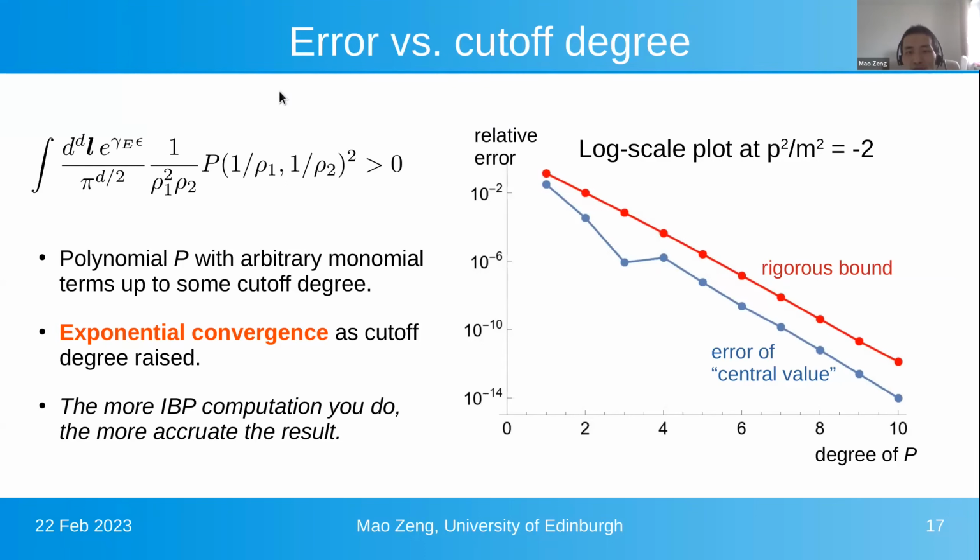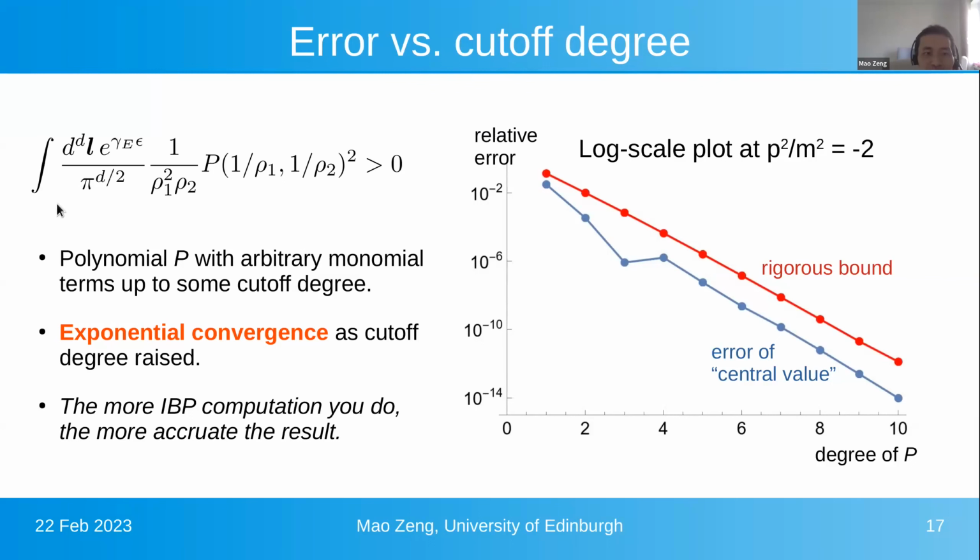If I go to a cutoff degree of 10, I can reach very high accuracies. The rigorous bounds reach an accuracy of around 10 to the minus 12, and my central value actually gets a little bit even better. And as people have seen in other contexts, like the quantum mechanics bootstrap, the convergence is exponential as your cutoff degree is raised.